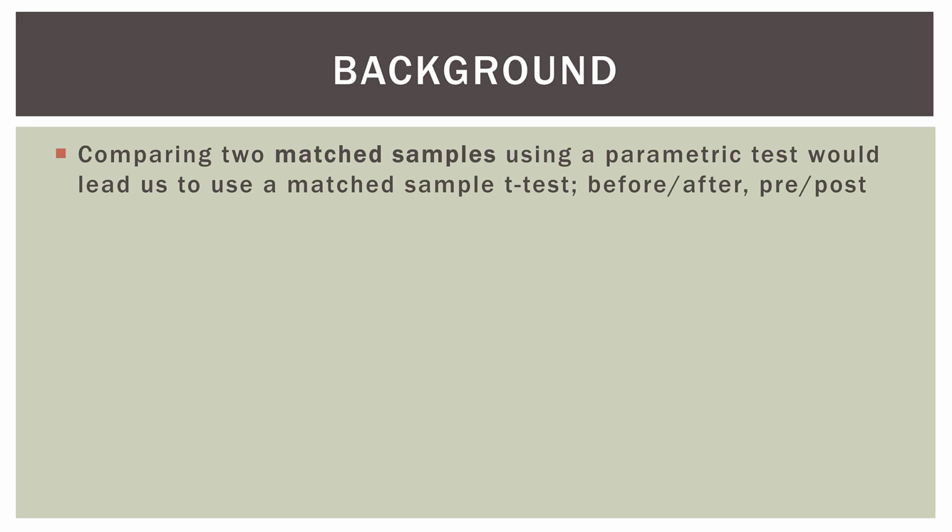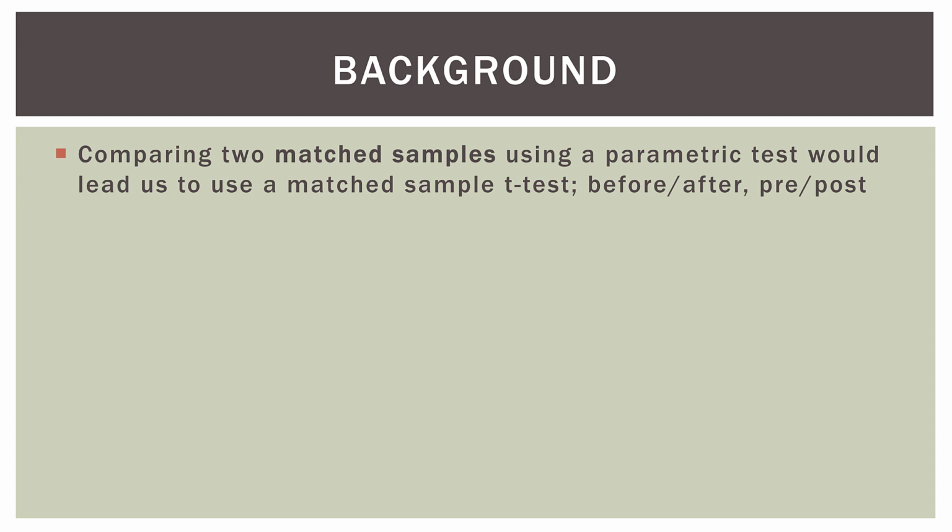So first, a little bit of background. Comparing two matched samples using a parametric test would lead us to use a matched sample t-test. You remember in earlier statistics, we had a case maybe where we had a pre-test and post-test, like for exam scores, or like I said before, some sort of treatment.